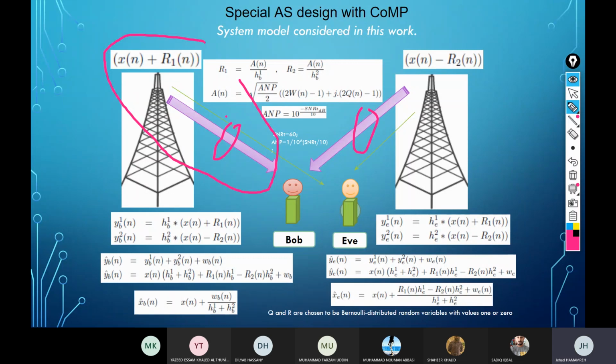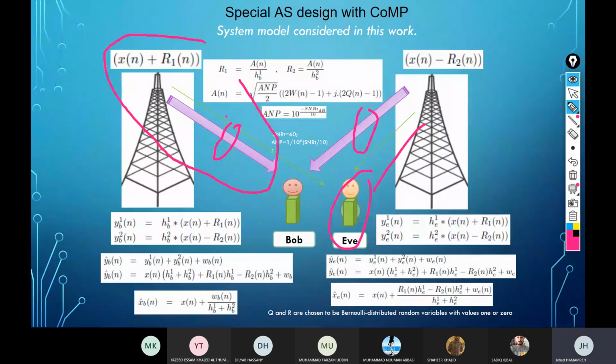Now, since R1 and R2 are designed to be a function of the legitimate receiver channel, Bob, as you can see, R1 equals A of N over H B1, and R2 equals A of N over H B2. Since the signal is designed based on the legitimate receiver channel, when it reaches Eve, those signals, when they get combined, will not cancel.